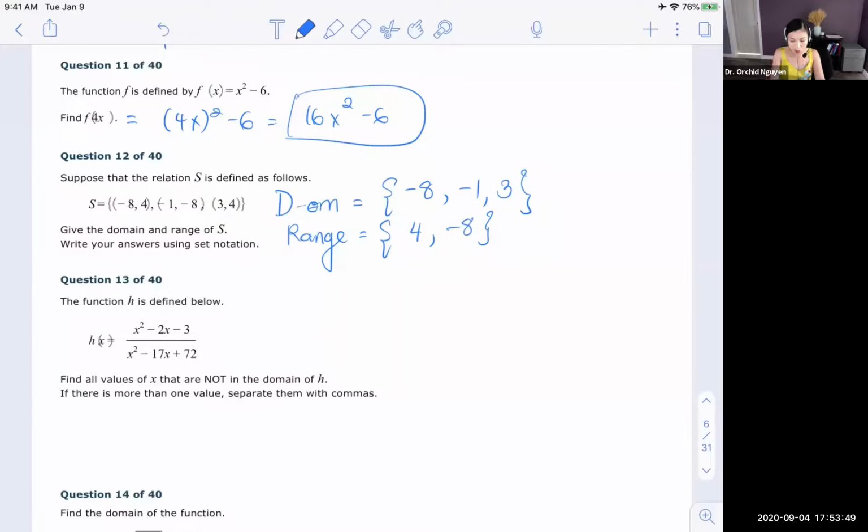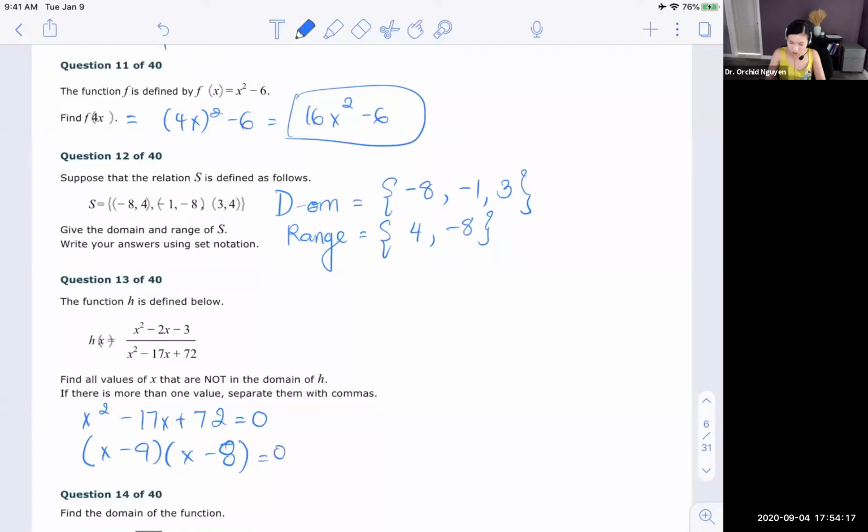For rational, we do not want 0 on the bottom. So all you have to do is take the bottom and set it equal to 0 and solve for it. You can see that we have a quadratic function here. So I'm just going to go ahead and factor, because that's the easiest way.